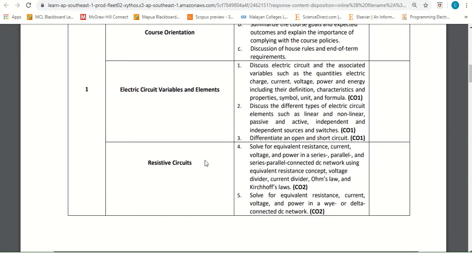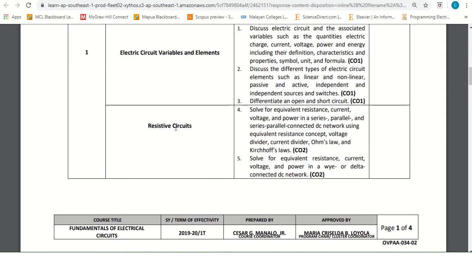Under the same week, we'll also start discussing resistive circuits. So these are circuits that involve only resistive elements like the resistors and of course the sources that drive these resistive elements. Under this week we'll also cover series and parallel circuits and the combination of them, the series-parallel combination.